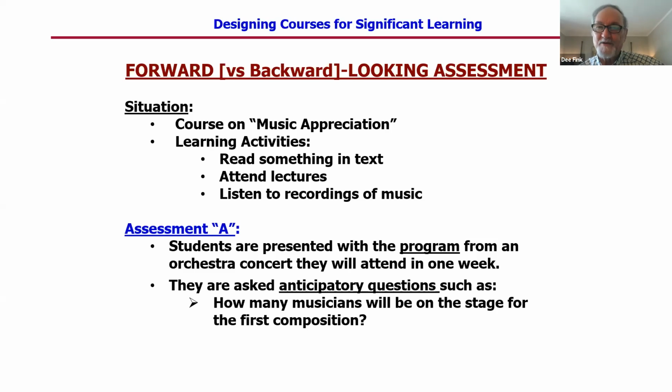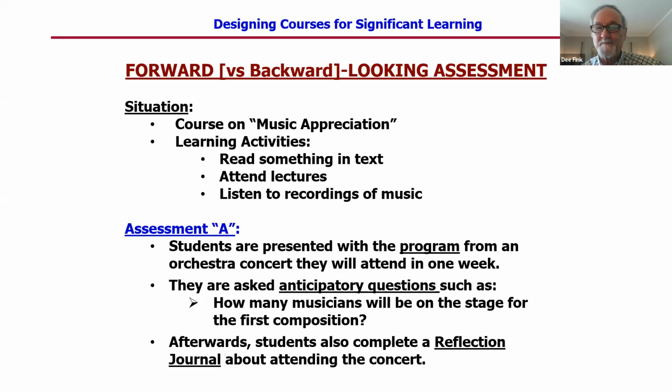And to answer that, they're going to have to consider what period of time it was, what kind of music it was. Was that when they had an 80-piece orchestra or a 16-piece group? Just what kind of piece are we going to look at here? Questions like that, anticipatory questions. Then afterwards, they write a reflection journal about their reaction to attending the concert.